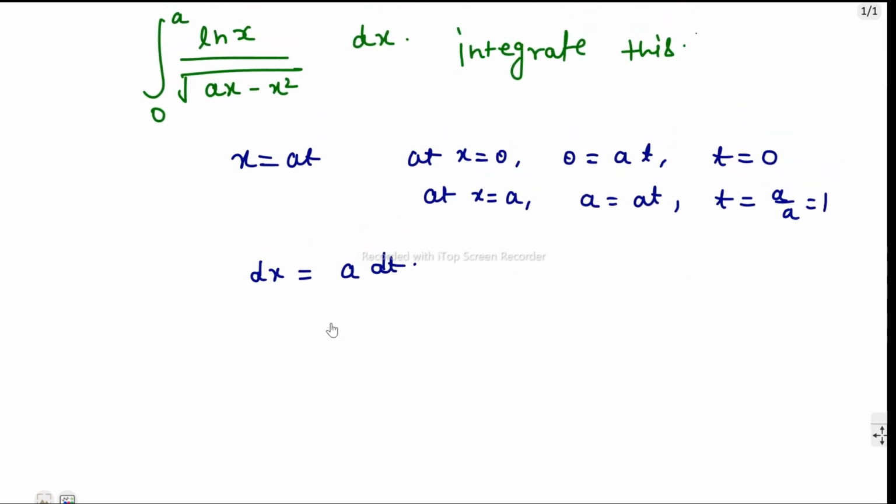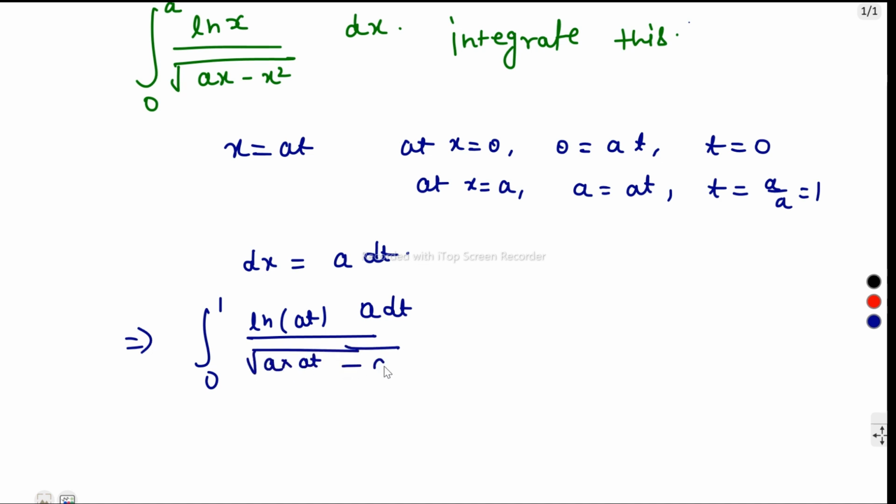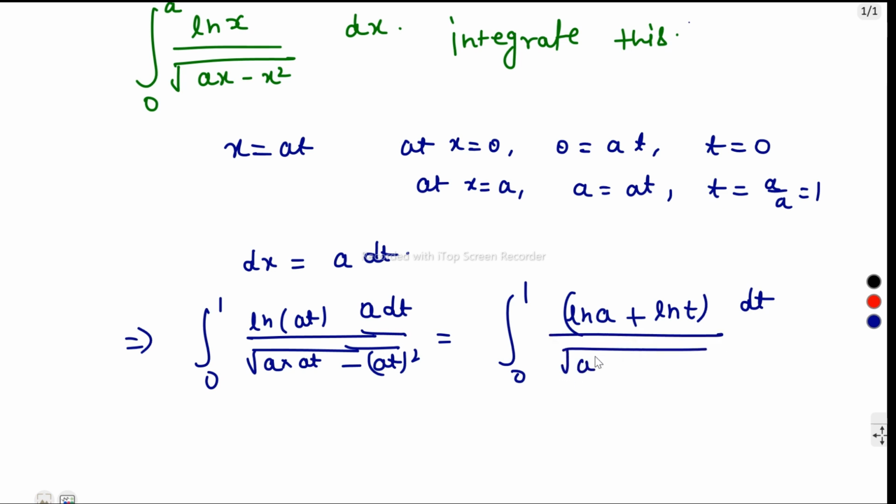So using this, putting these values in the given integration, we get integral from 0 to 1 of ln(a t), natural log of a t, and this is a times dt over square root of a t minus a squared t squared.